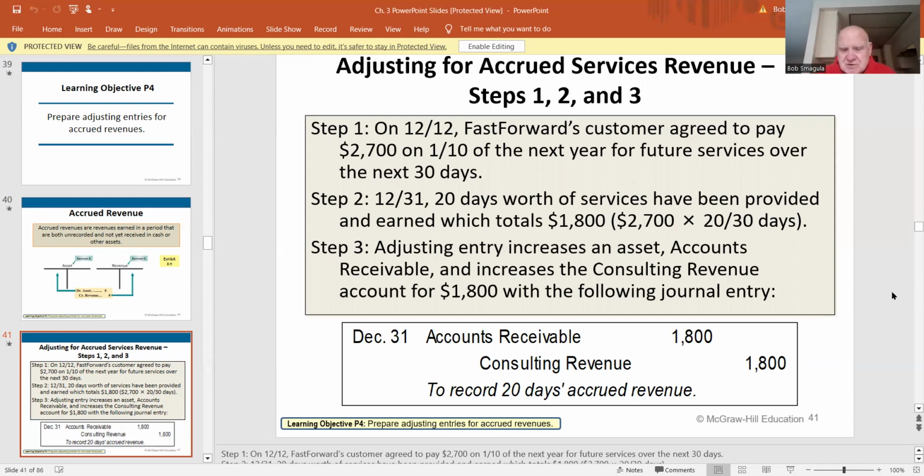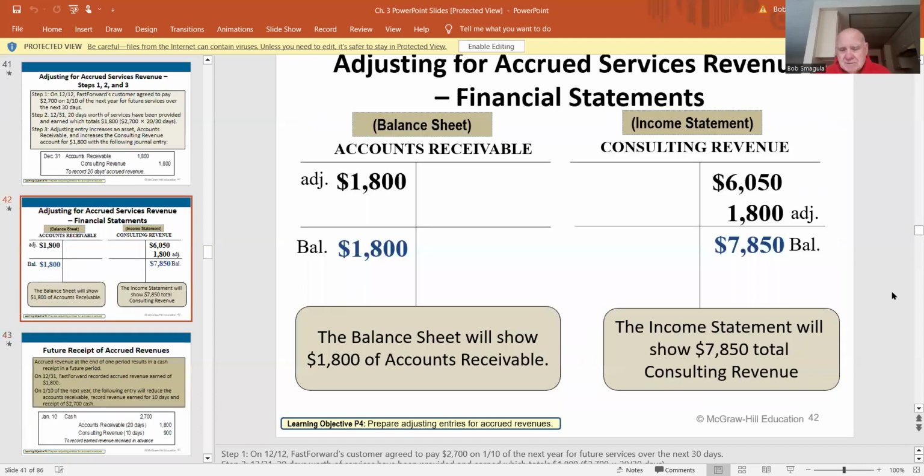So they're calling this an adjusting entry. It's really not. It's just your basic accounts receivable that we learned in chapter 2. We're just going to debit accounts receivable and credit revenue. No cash involved. I don't know why these textbooks show these as an adjusting entry. They're really not.